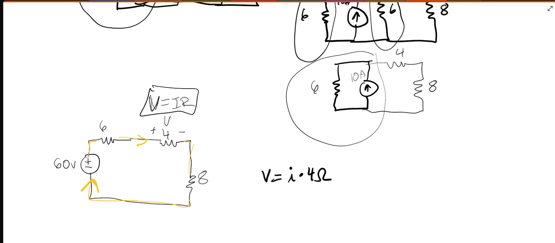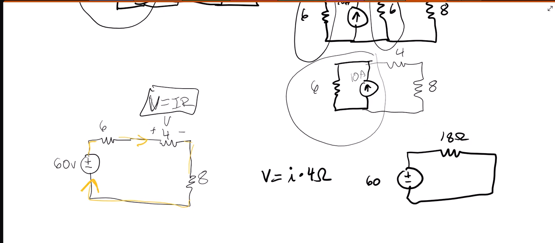Now I can find what my current is by imagining the equivalent circuit with the equivalent resistance that I have here. So I'm going to draw this circuit with a 60 volt voltage source and an 18 ohm resistor.